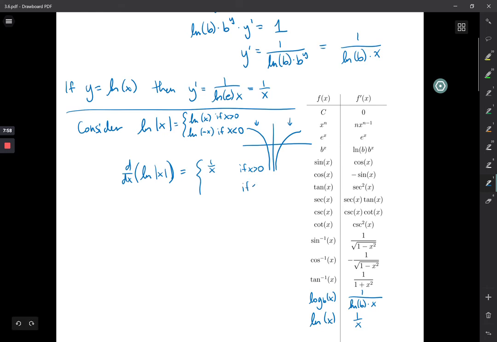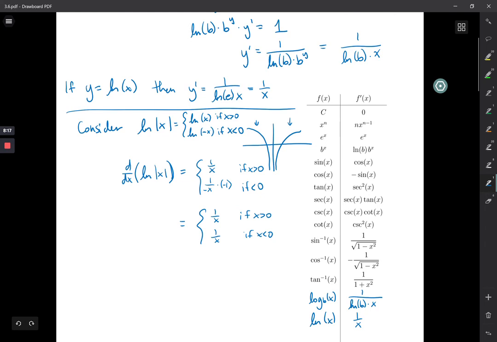So if x is less than 0, what we get is first 1 over negative x times the derivative of negative x, which is just negative 1. So you see that this simplifies to 1 over x if x is greater than 0, and 1 over x if x is less than 0.